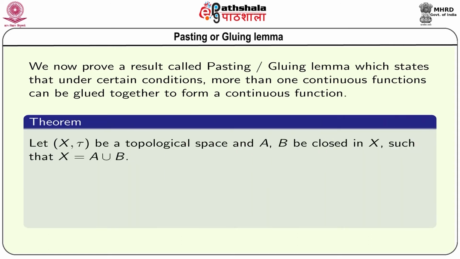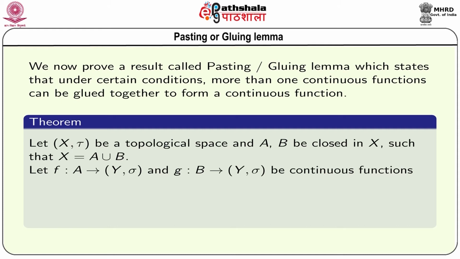Now, the statement of the pasting lemma is: if we start with a topological space X tau and we know that A and B are closed sets in X such that X is equal to A union B.